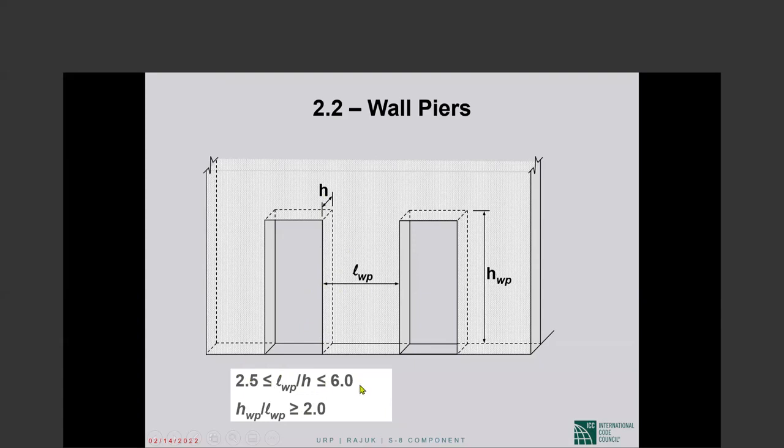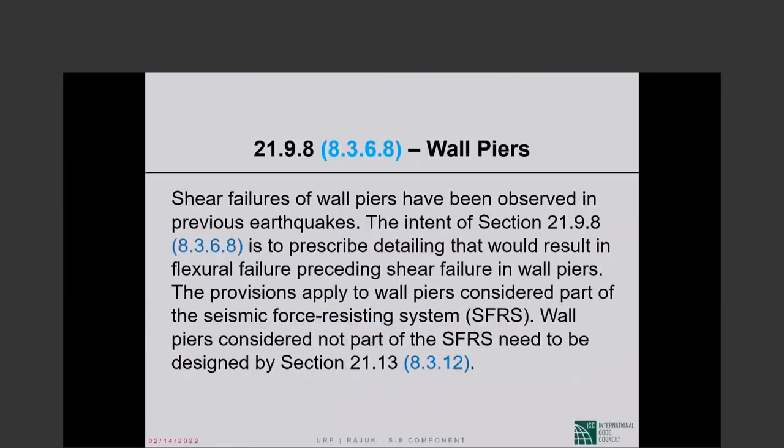So both have to be true for you to have a wall pier. Height to length ratio larger than or equal to 2, and the length to thickness ratio between 2.5 and 6. Okay, shear failures of wall piers have been observed in previous earthquakes.